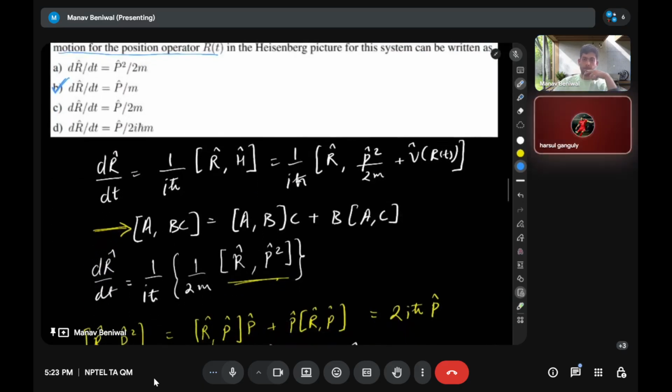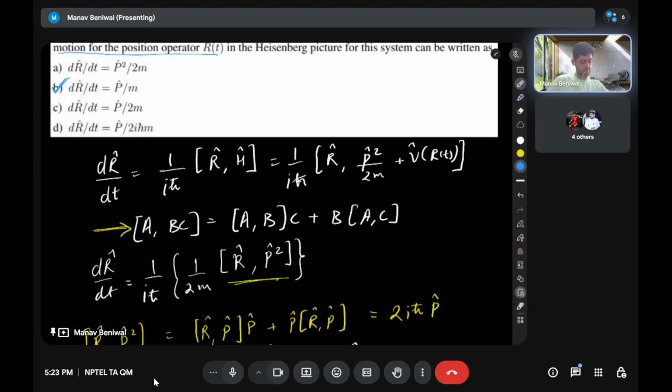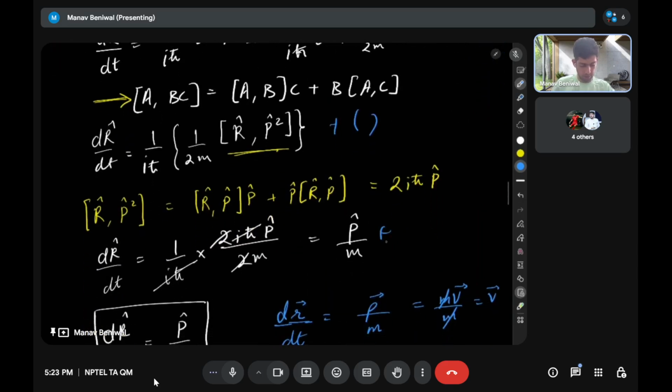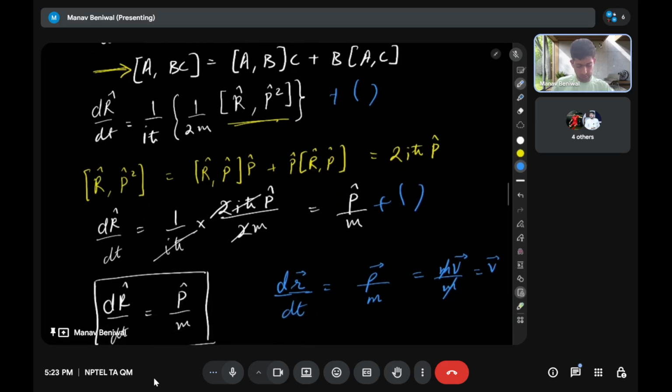Sir, you also mentioned the partial derivative of r with respect to time is zero initially in this problem. If we don't consider that, then everywhere there will be this additional partial derivative term, here, here, and again here.